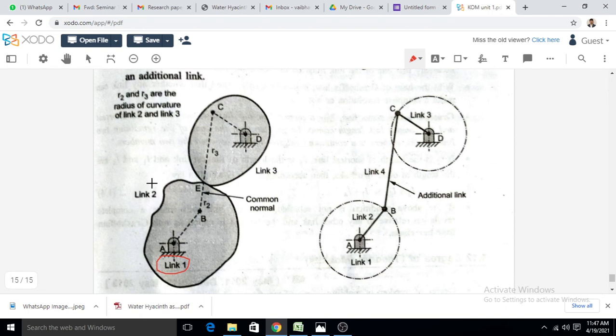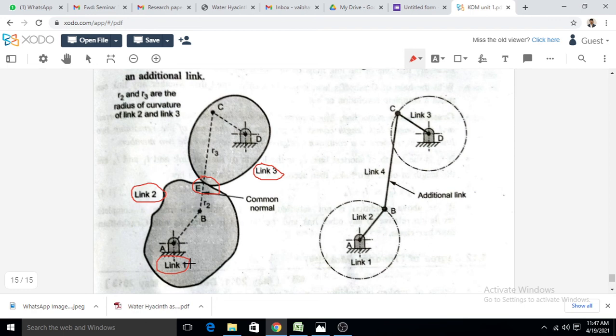Then here is a link 2, means this whole part is link 2, and this whole part is link 3. Now these two links are connected together here by a higher pair, and as we know, the higher pair is equivalent to the two lower pair and one additional link.